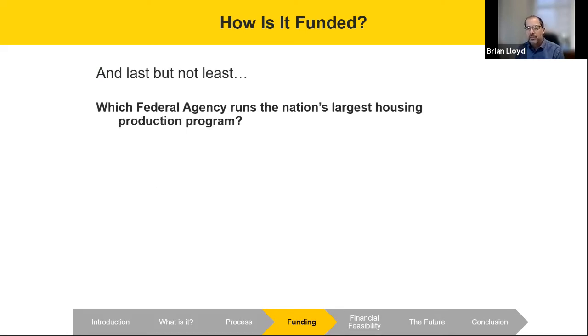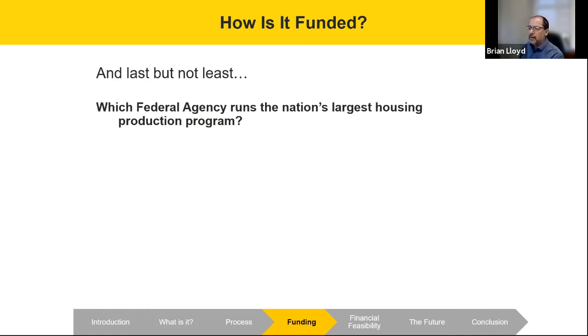Okay, this is more fun when we do this in person, because I ask the question, which federal agency runs the nation's largest housing production program? And then I would ask for answers. People would say HUD, or they would say Department of Defense, or sometimes the USDA.